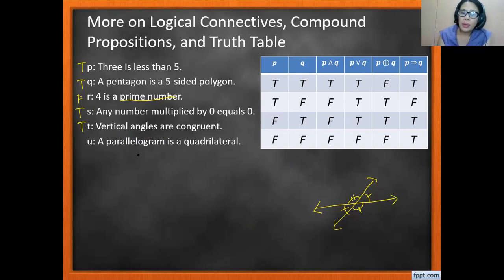A parallelogram is a quadrilateral. This is true because a parallelogram is a special quadrilateral. A quadrilateral is a four-sided polygon. This is also a four-sided polygon, that's why this is a quadrilateral.